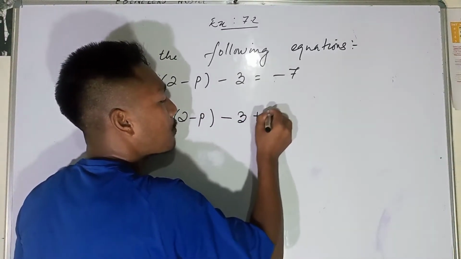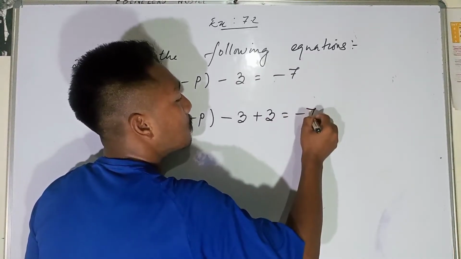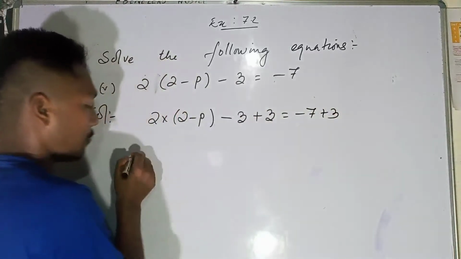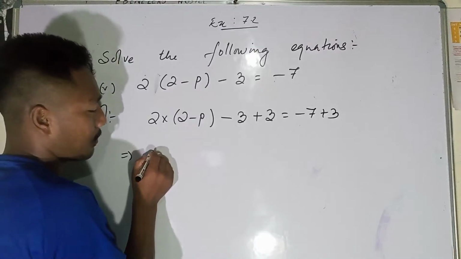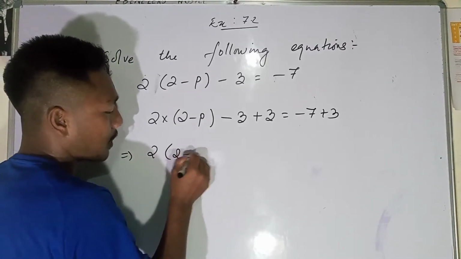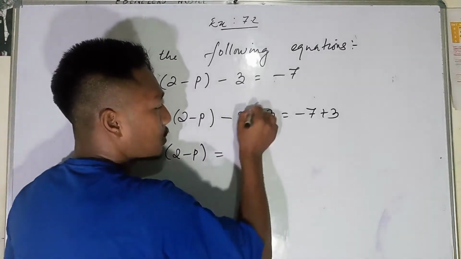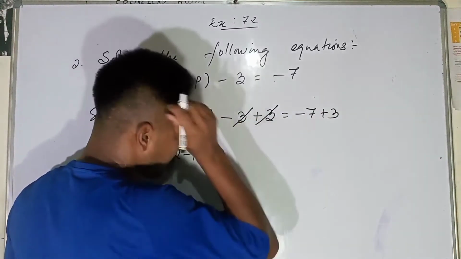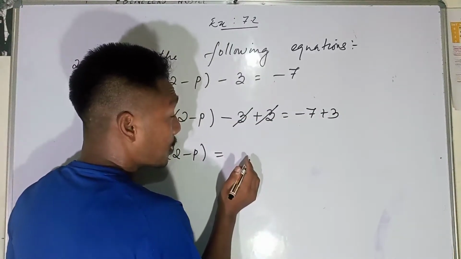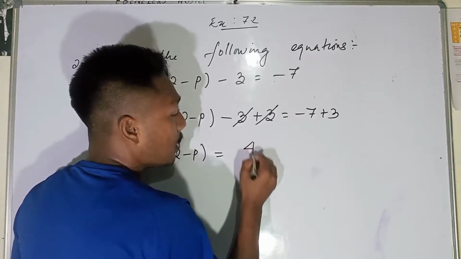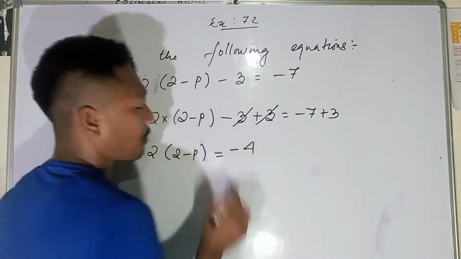That means I have to add this 3 on both sides. Minus 3 plus 3 cancel. So 2x minus p is equal to what? 3 minus 3 becomes 0. Minus 7 plus 3 is 4. But 7 we have as minus, that means I have to put a minus sign here.